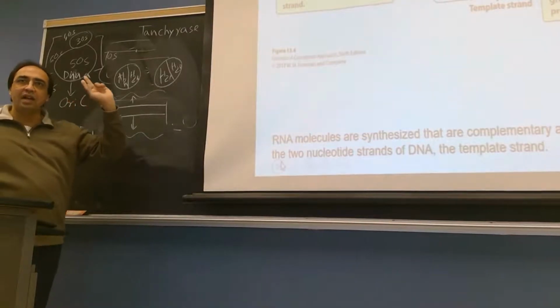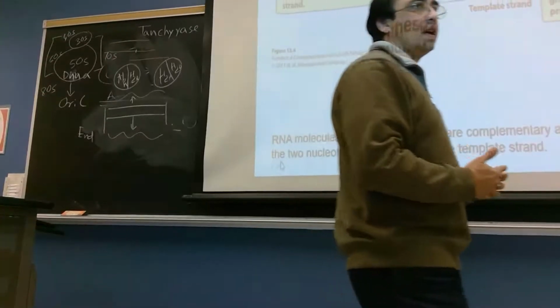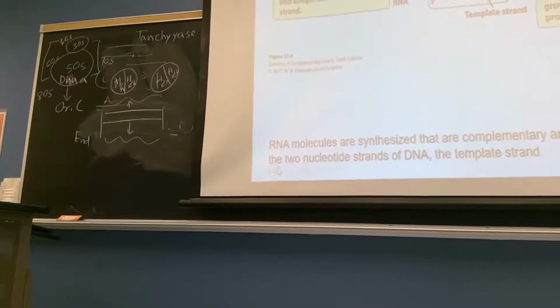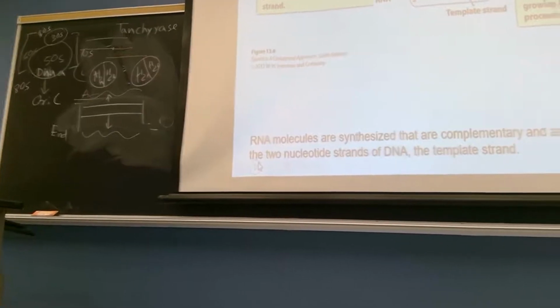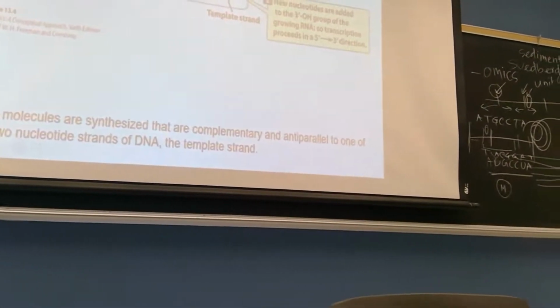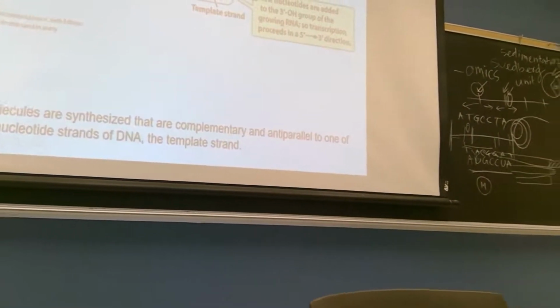The question is whether they will produce those two types of mRNA or a single type of mRNA. Any idea? They are using only one strand. Only one strand. Okay. Which one? We don't know.